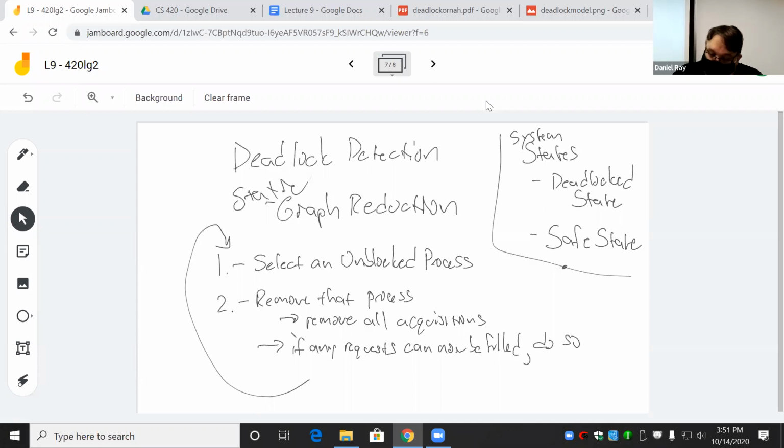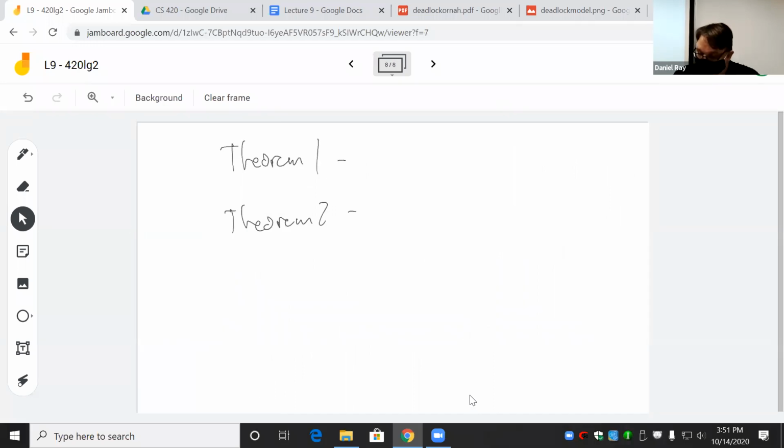There's a couple of related theorems that are important. Okay? And this nomenclature, theorem 1 and theorem 2, is out of your book. It says, theorem 1, a state S is a deadlock state if and only if the resource graph of S is not completely reducible.